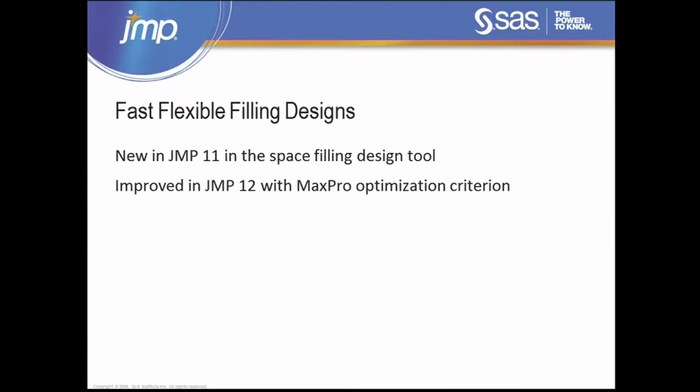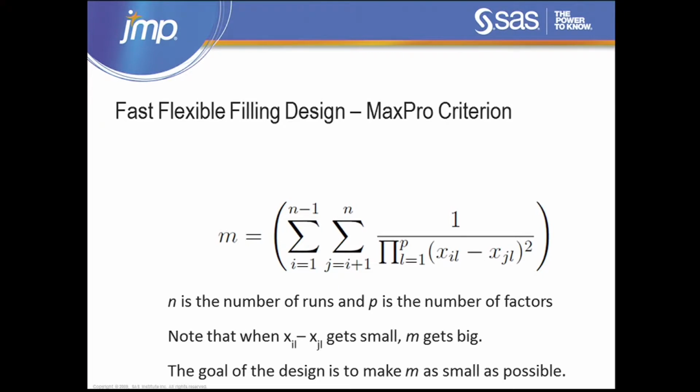All right, and then the latest thing is this fast flexible filling design. That's new in JMP 11 as a space filling design tool, but we also have made improvements based on this idea of MaxPro, which is an invention of a professor at Georgia Tech, and I'll talk a little bit about this criterion. Here's the MaxPro criterion, which basically is a double sum of a product of reciprocals.